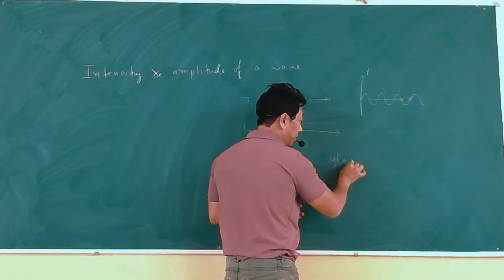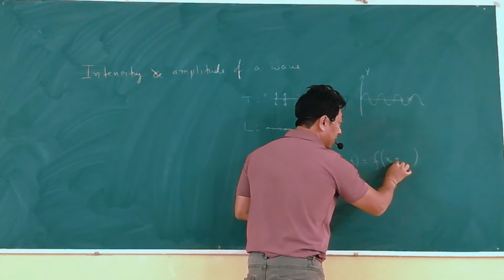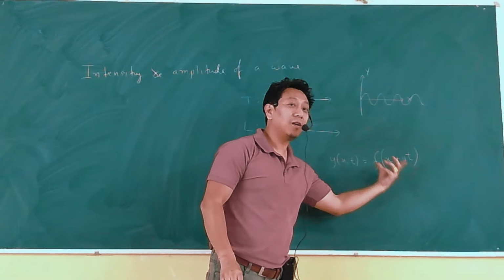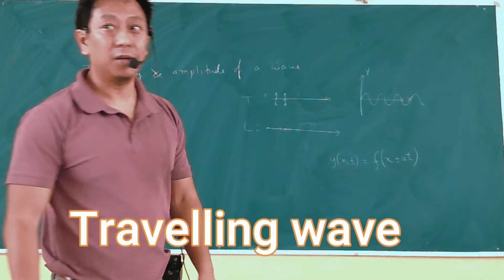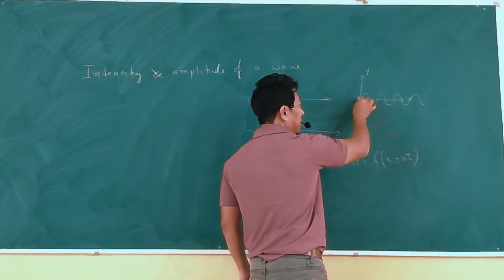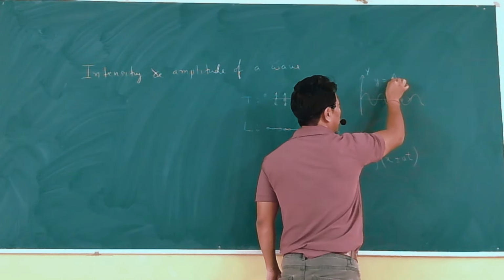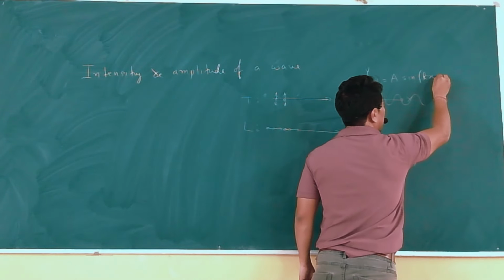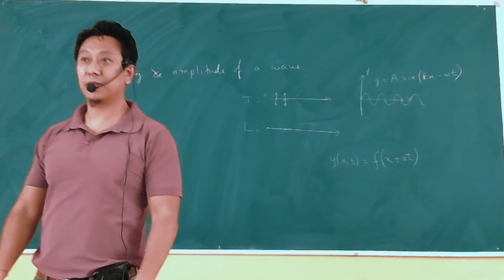Y as a function of x and t, in the combination of x plus or minus t. So this is actually a wave, a mathematical function. But for a harmonic function like sine and cosine, what was the formula? Y equals a sin(kx minus or plus omega t). Correct or not?